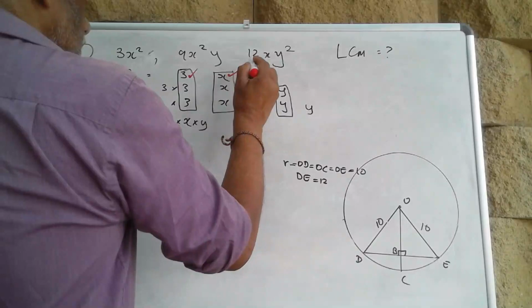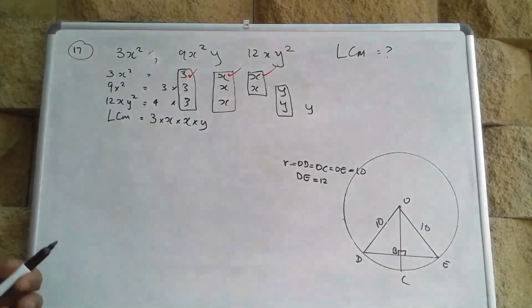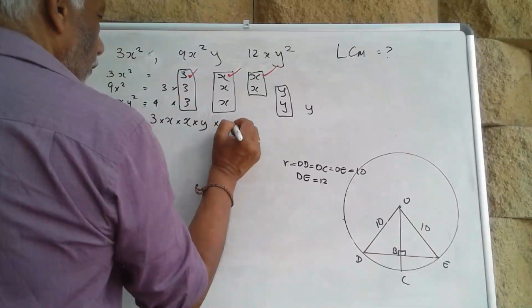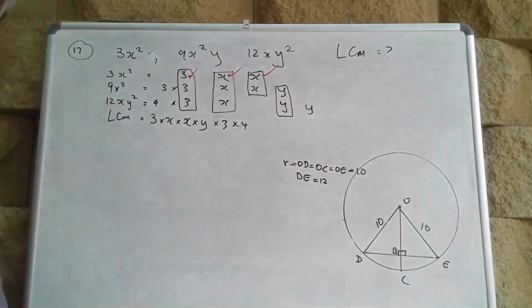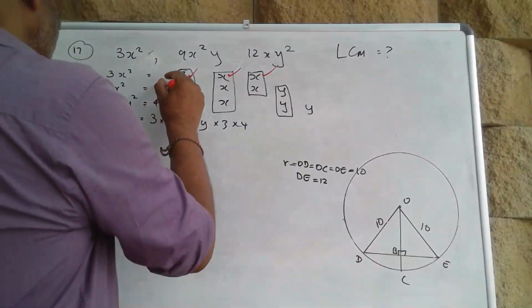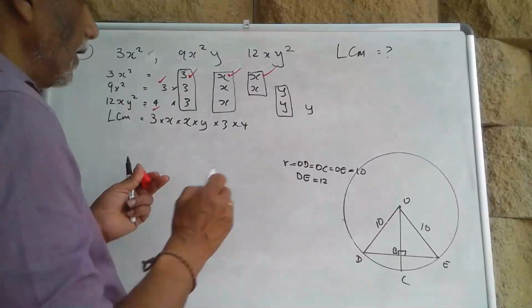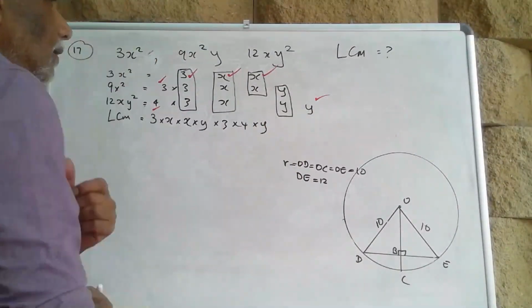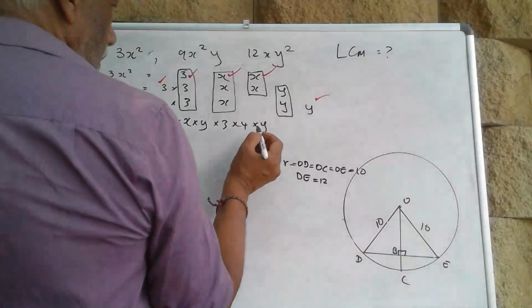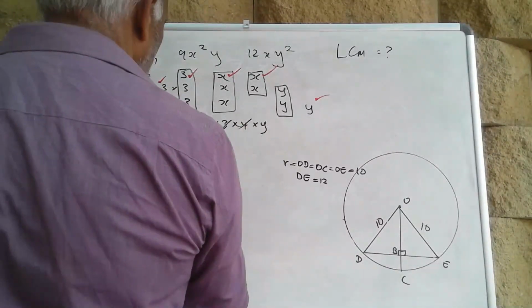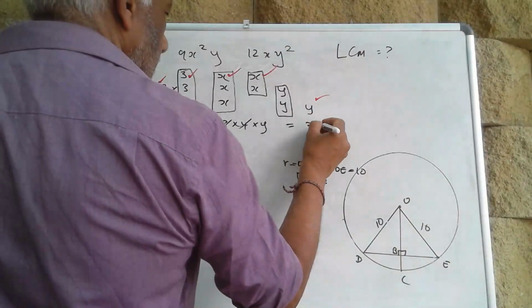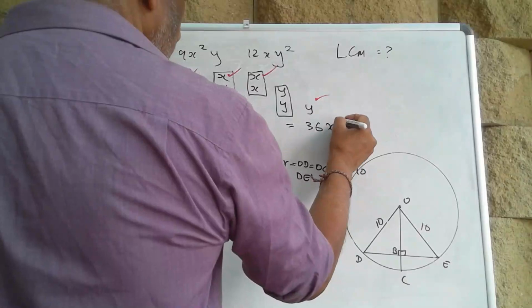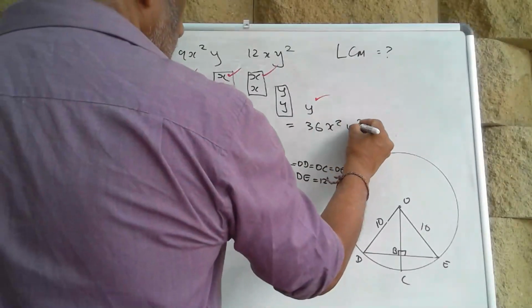Now we start from here, 4 again, so that's also gone. Now we've got another y here, so I'm going to write it now. If you do that, 4 times 3 is 12, 12 times 3 is 36. X times x is x squared. Y times y is y squared. So that's the answer for that.